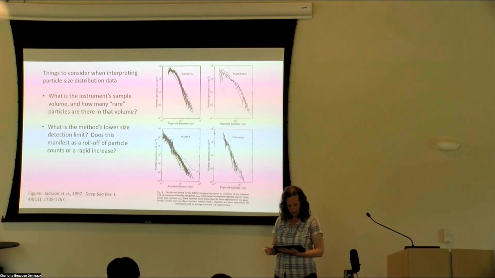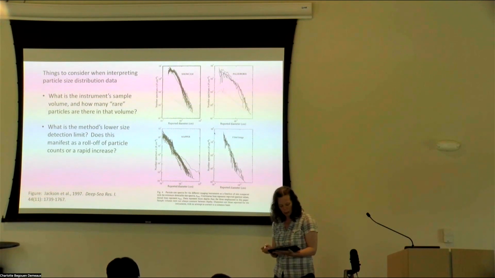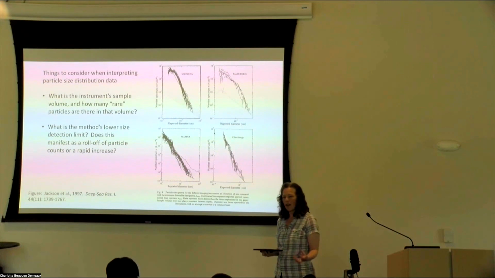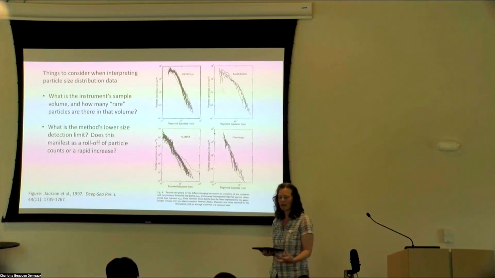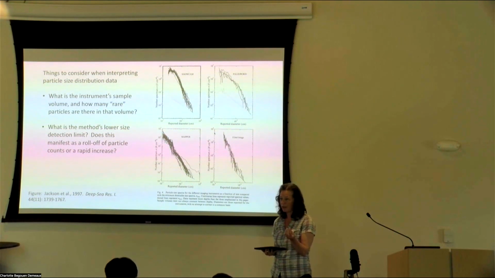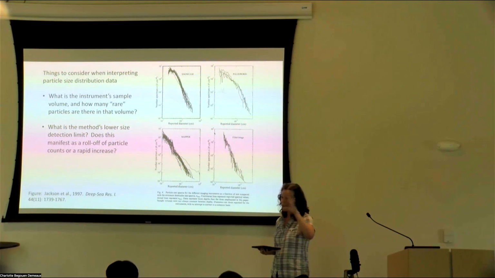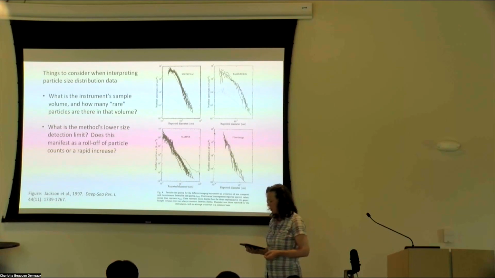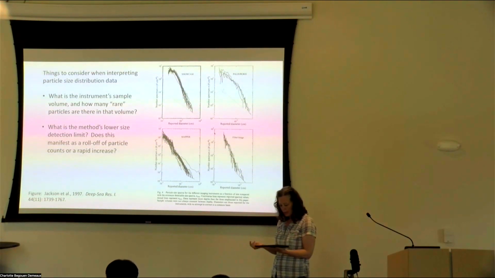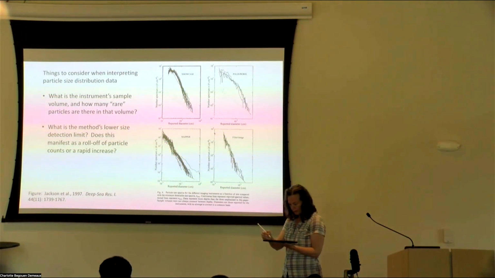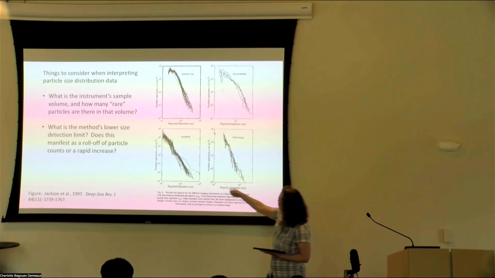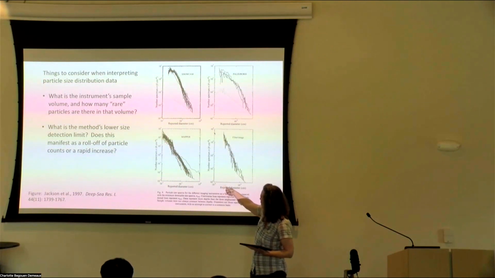So there's a couple of things to think about when you're measuring particles. First is, what's your instrument sample volume? How much seawater are you actually counting particles out of? Are you missing really rare things because you've got a tiny sample volume, or are you doing a better job of capturing the true size distribution with a large sample volume? You can kind of see there are very fine dotted lines here.